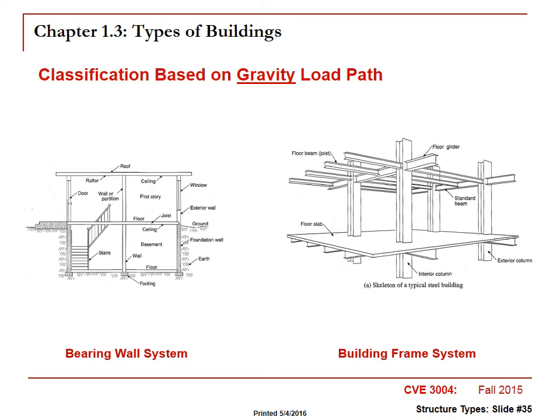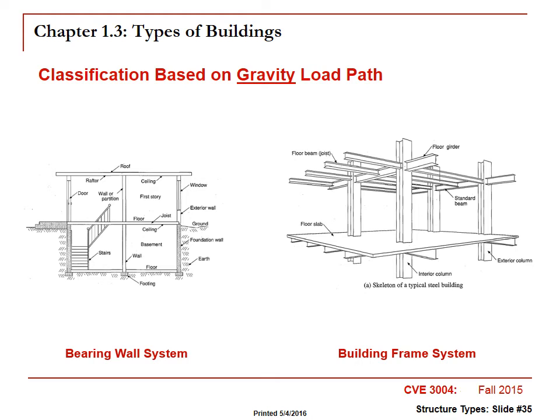A building frame system is basically going to take the floor loads or the roof loads, and those will be transferred directly to beams. You can call these beams, you can call them stringers, you can call them small beams, whatever. And those smaller beams generally are going to transfer their loads to a larger beam or directly to a column.